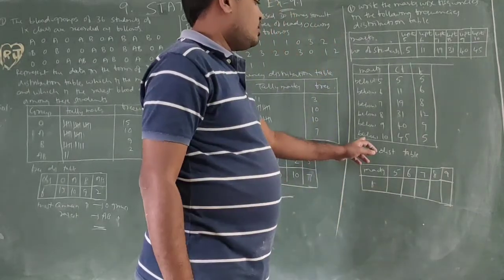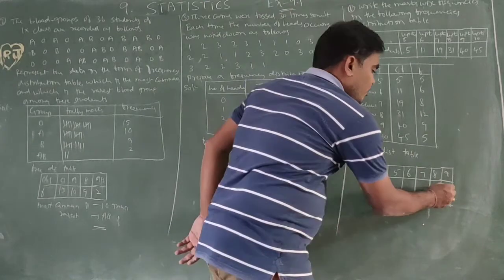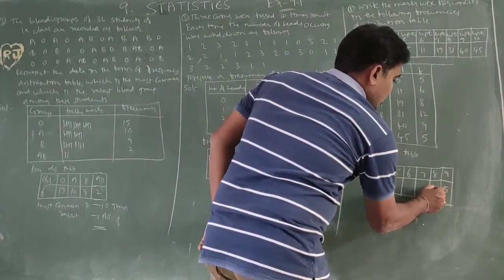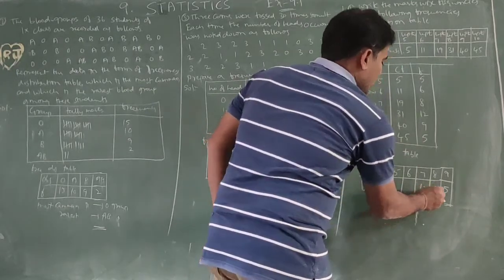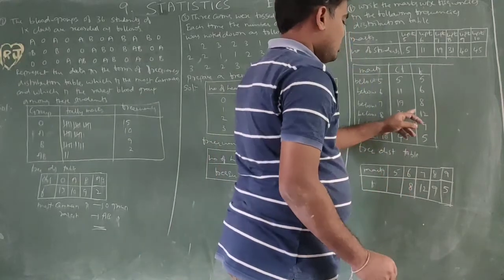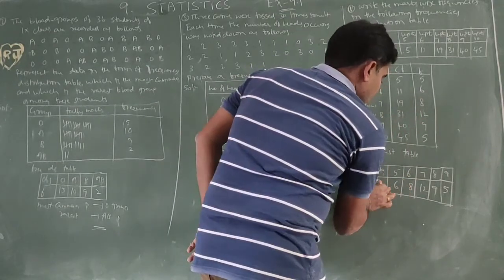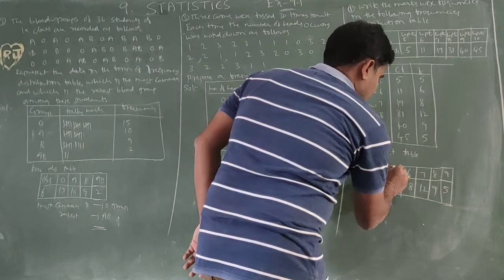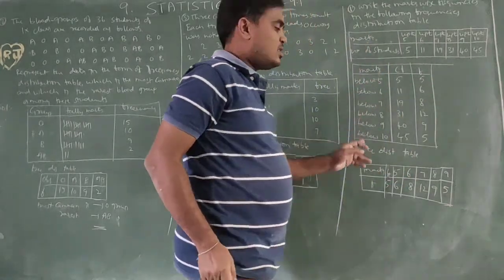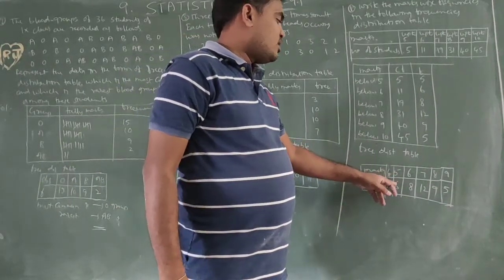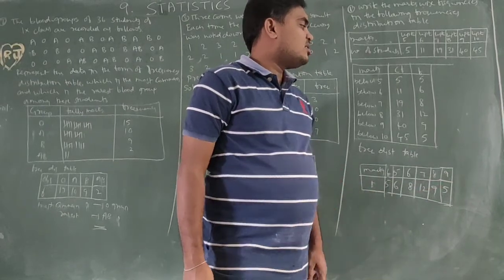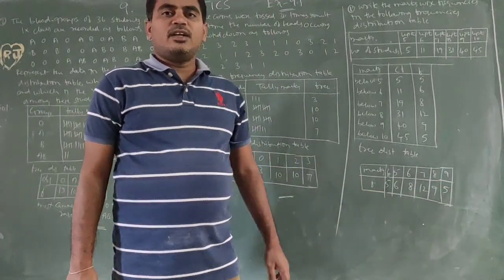Below 10 means 9, how many? 5. 8, 9. Next this is 12. Next 8. Next this one 6. 4. How much? 5. So below 5 means 4 marks. 5 members, 5 marks; 6 members, 6 marks; 8 members, 7; 12, 8; 9, 9 marks; 5 members. This is the required solution.